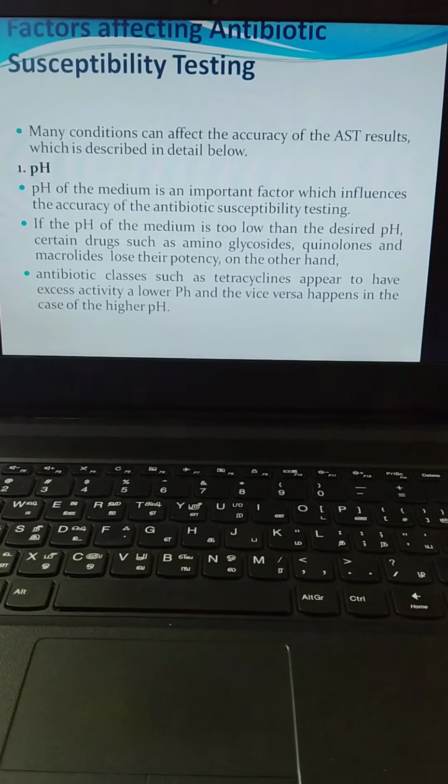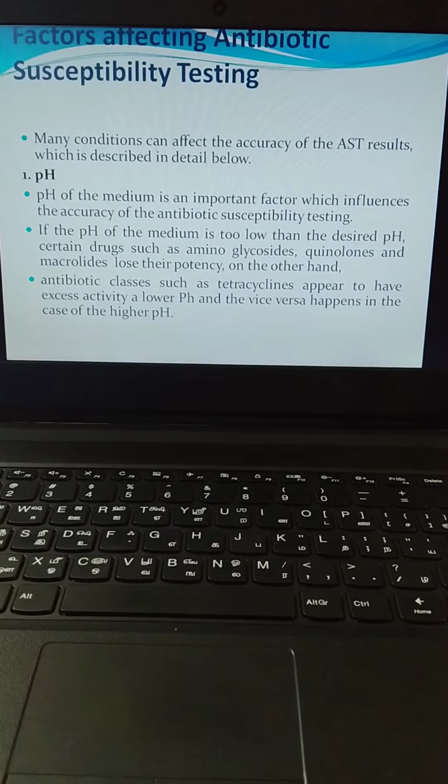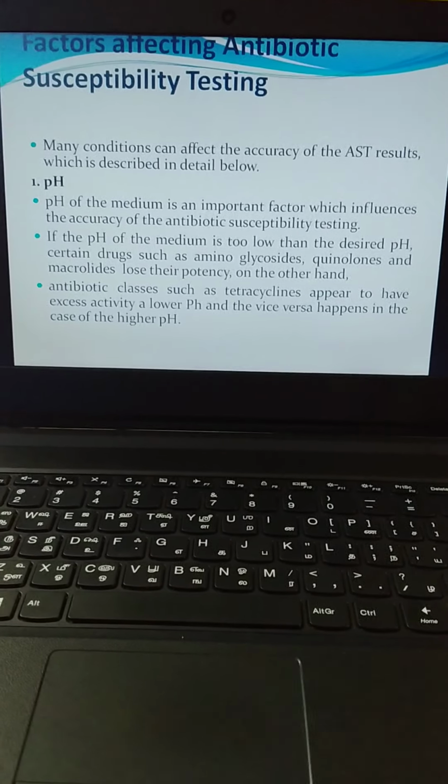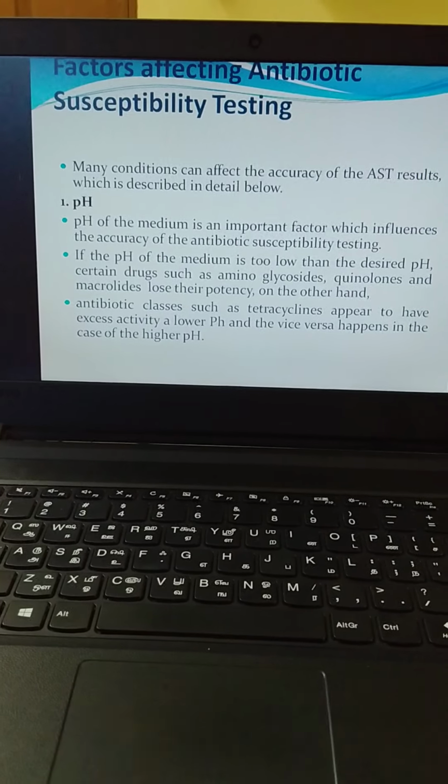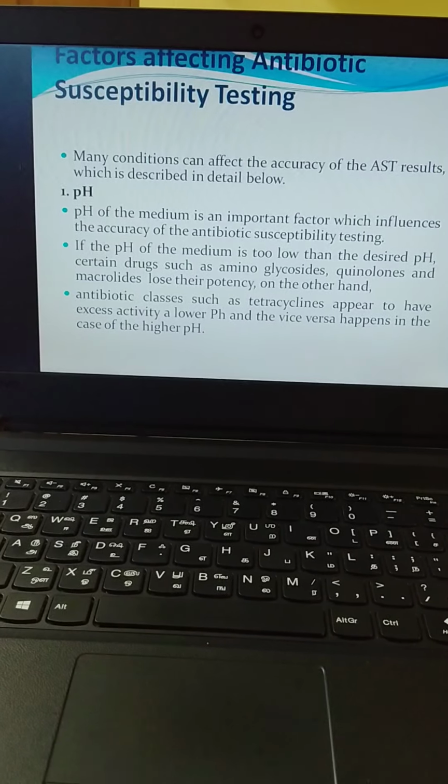If the pH of the medium is too low, certain drugs such as aminoglycosides, quinolones and macrolides lose their potency.